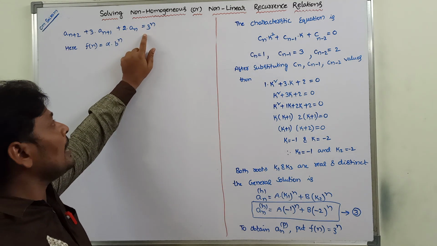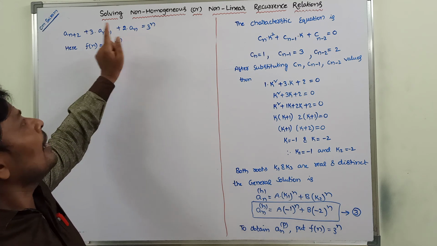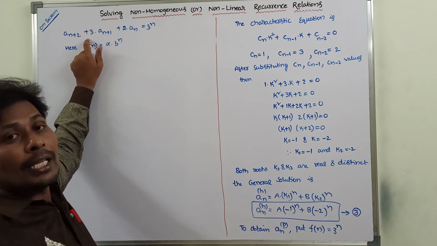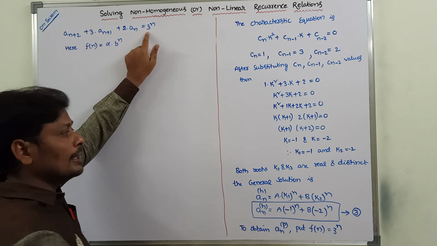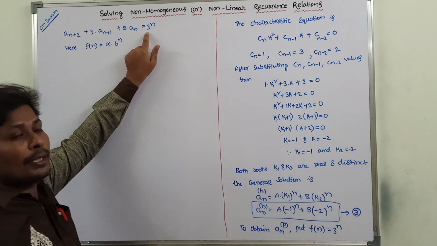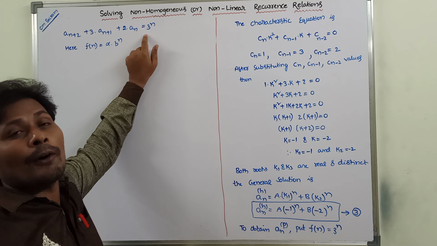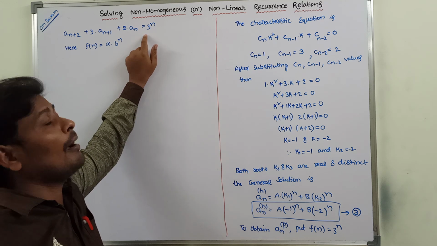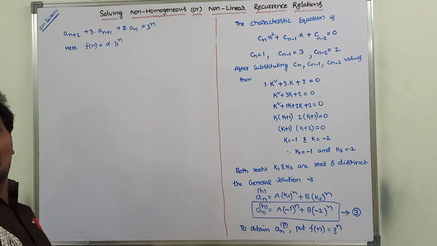So now, is b one of the roots or not for the given recurrence relation on the left hand side? Here b value is equal to 3, but b does not occur among the two roots. Hence we can say that b is not a root of the characteristic equation on the left hand side of the given recurrence relation 1.